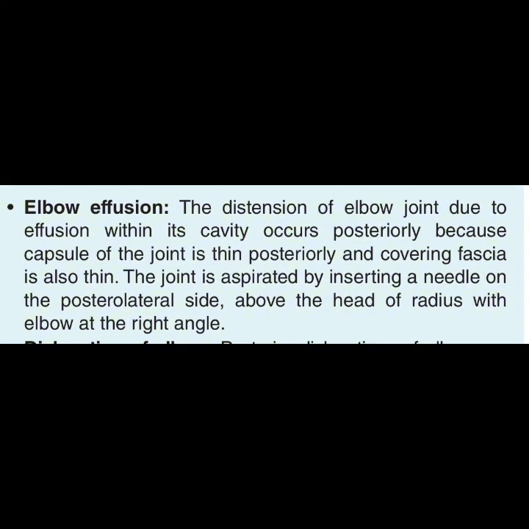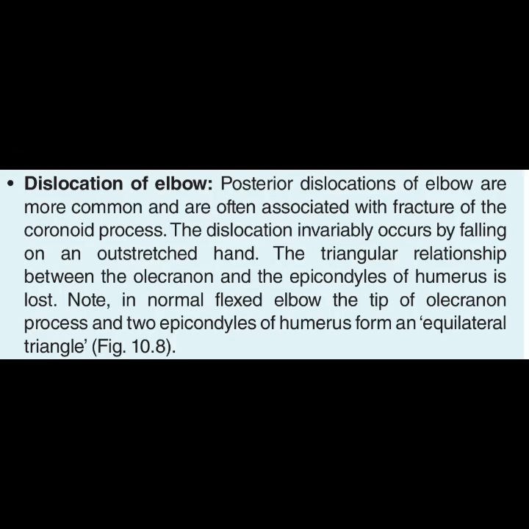Again, the next one is dislocation of the elbow. How is the elbow dislocated? The elbow is dislocated posteriorly. Posterior is the most common direction of dislocation. So if there is posterior dislocation of the elbow, there will not be fracture of the what? Coronoid process. There is always posterior dislocation of the elbow because it is not really that strong, because there's a hard end feel when you are going back.